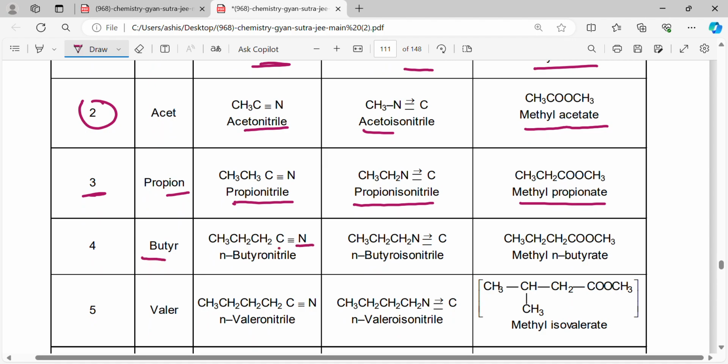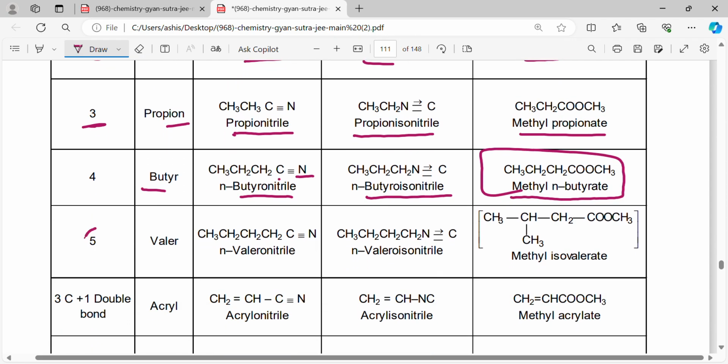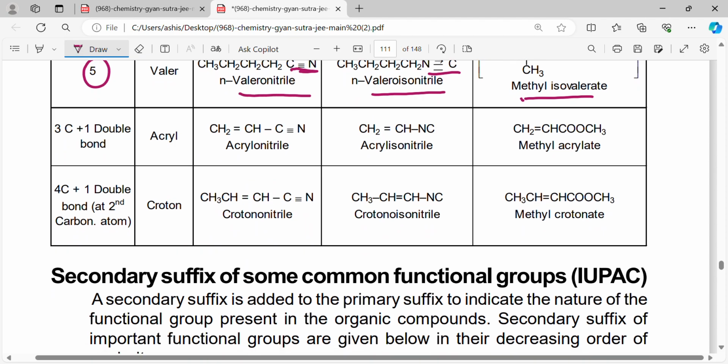Butyr for 4 carbons, that is cyanide, then that is called butyronitrile, butyroisonitrile, and methyl butyrate, that is for ester. Valer, when 5 carbons are present. So if in cyanide 5 carbons are present, then valeronitrile, isocyanide, valeroisonitrile, then methyl valerate.